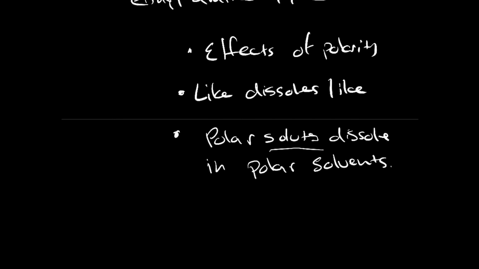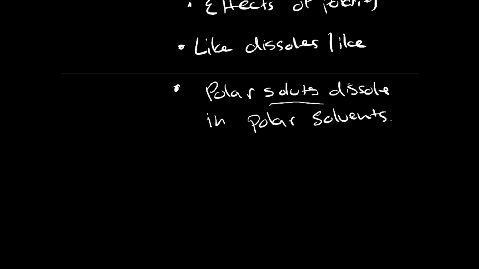So if you're going to throw in a polar molecule, what's a good polar molecule? Let's just say this naphthalene compound with an OH, right? You're probably going to want to throw that into a polar solvent.